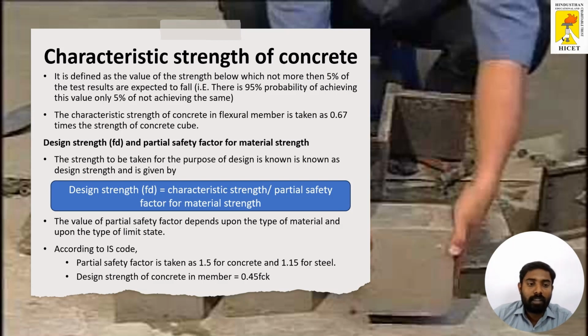The value of the partial safety factor depends on the type of the material and upon the type of the limit state. According to the IS code, the partial safety factor is taken as 1.5 for concrete and 1.15 for steel. And the design strength of the concrete in a member is equal to 0.45 fck, where fck is the characteristic compressive strength of the concrete.